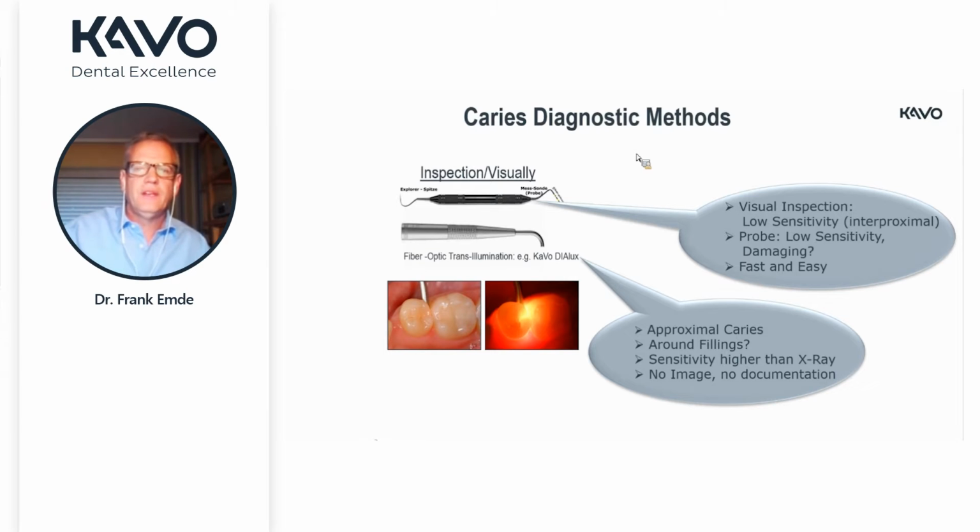You put them interproximally, and you might see dark spots. It works pretty well with approximal caries lesions. You might not see too much around fillings or on occlusal surfaces. And as I explained already for this category, you don't have an image and you don't really have documentation. I mean, it will be hard to place the probe and then take a photograph. There are much more convenient methods, meanwhile, on the market.